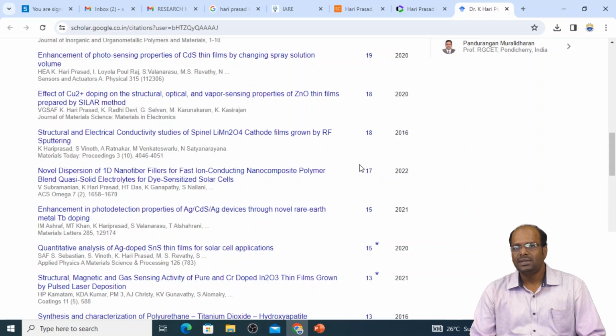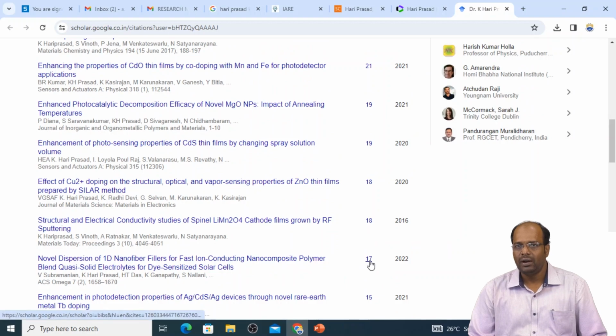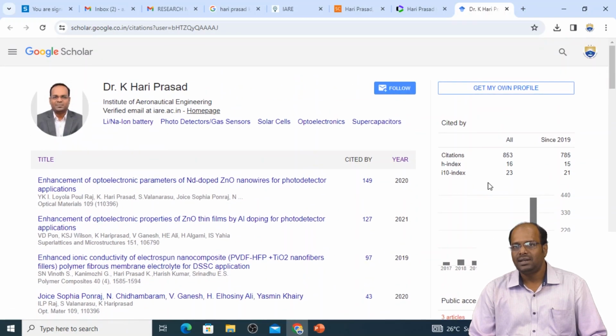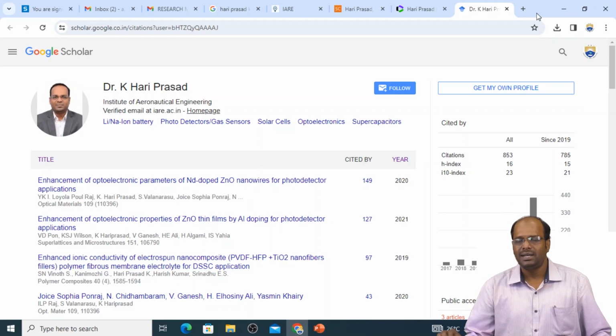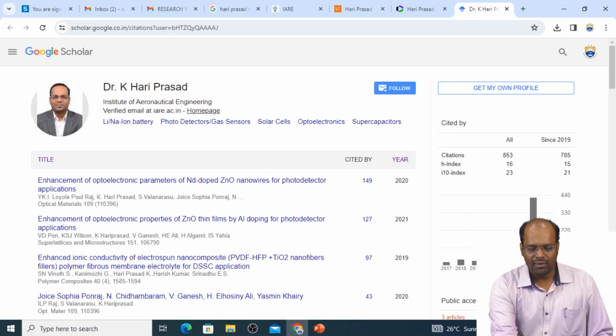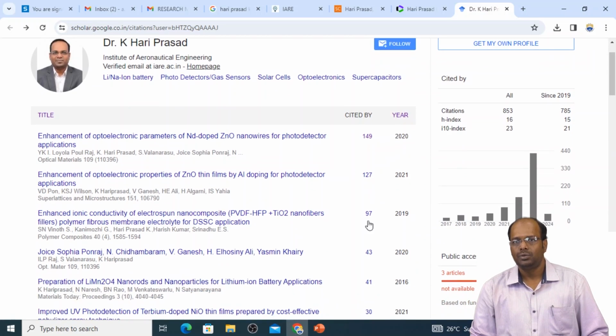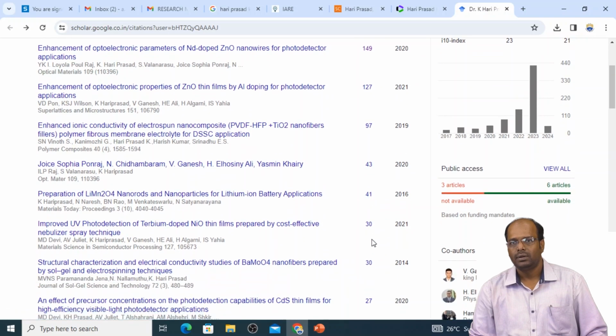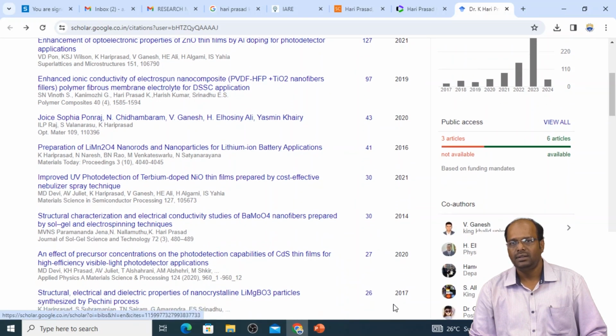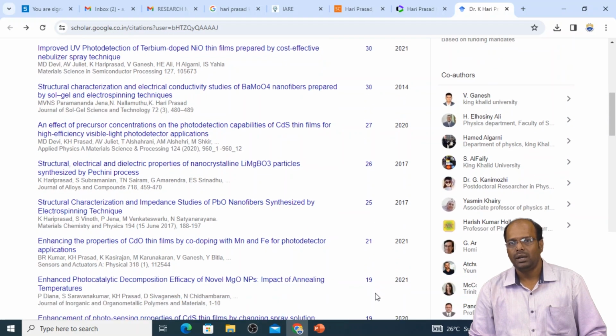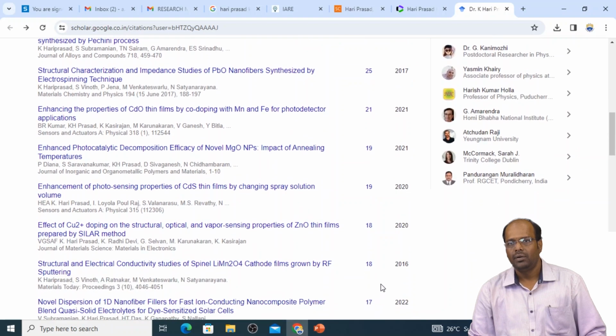Before that, how many citations are there? 17 citations. But how many articles? 16 articles have 16 or more citations. That is what we consider as the H index of 16. How do we need to understand this? Suppose article 1, just imagine: 1, 2, 3, 4, 5, 6, 7, 8, 9, 10, 11, 12, 13, 14, 15.